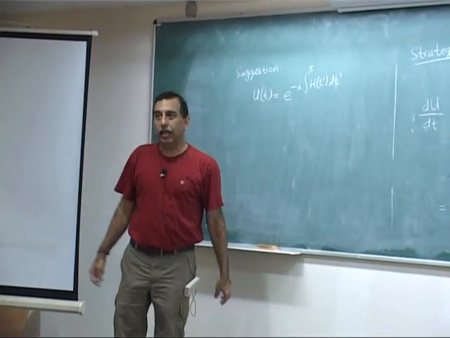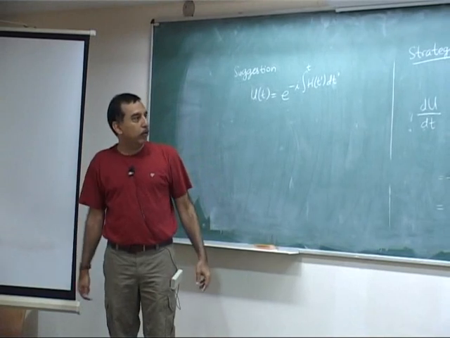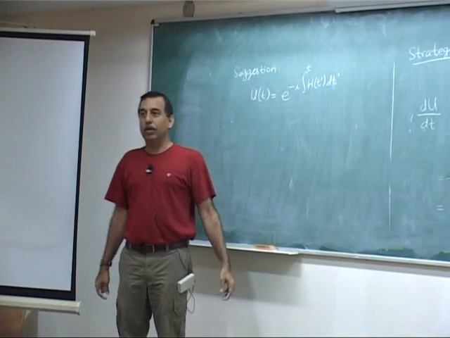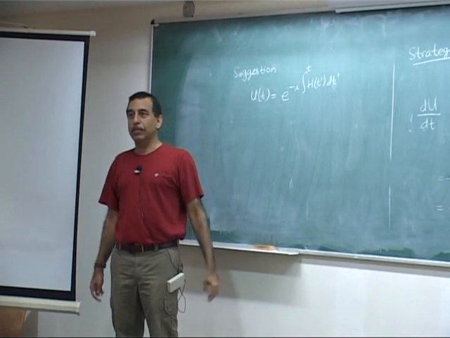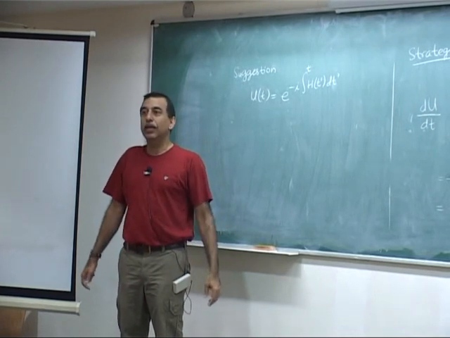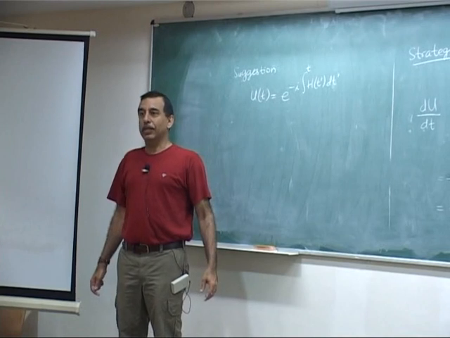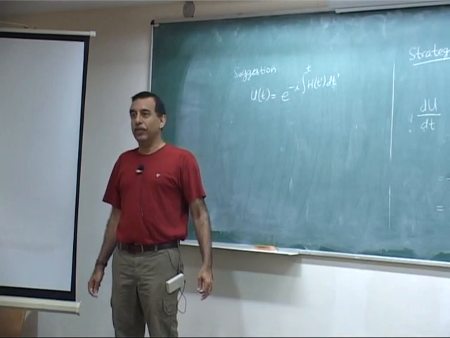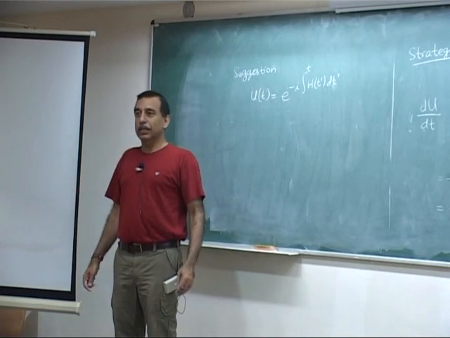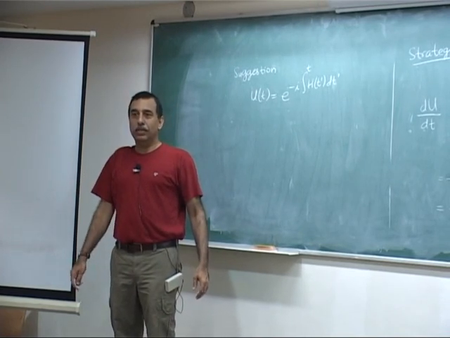That's certainly one thing, but I wouldn't be too worried about U of t being 0 because it's a unitary operator. Unitary operator can never be 0. U dagger U is 1. That's true, but U dagger U is 1, you agree, right? So if U dagger U is always 1, then U cannot become 0.